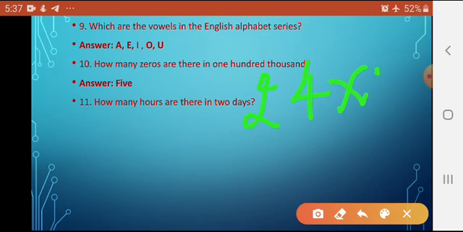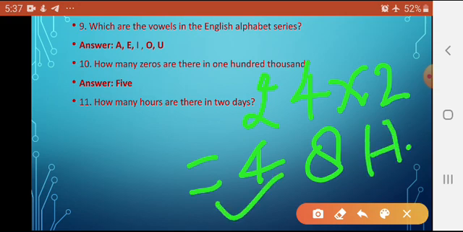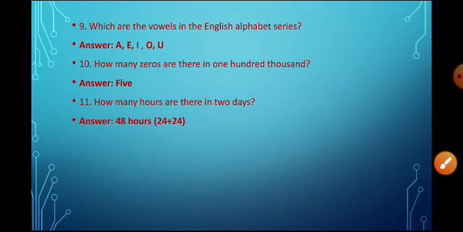So if we multiply by 2, the number is 48. So there will be 48 hours in 2 days. So the answer is 48 hours. Either we add 24 plus 24 or we can multiply 24 by 2.